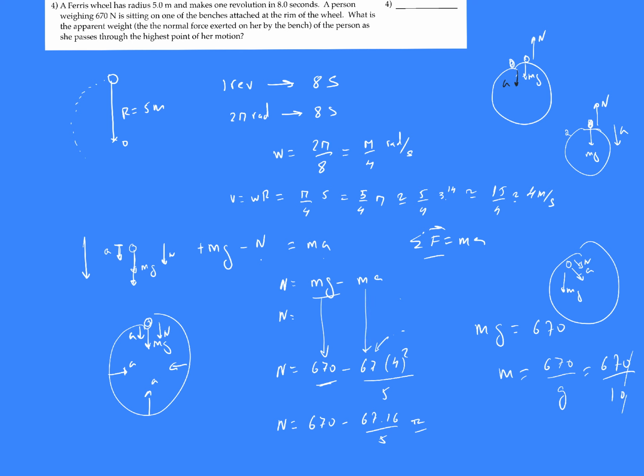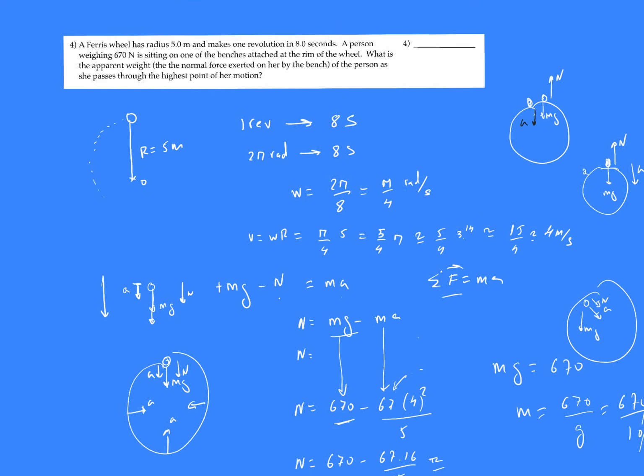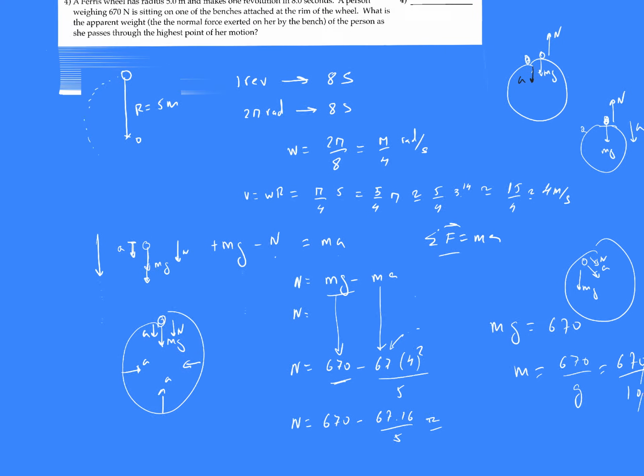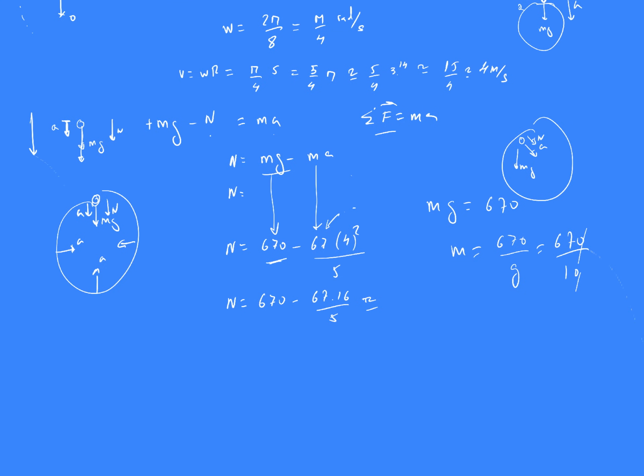The acceleration is v squared divided by r, with v equal to 4 and the radius 5 meters. So the normal force will be 670 minus this. You calculate the normal force, and this is the apparent weight of the object.